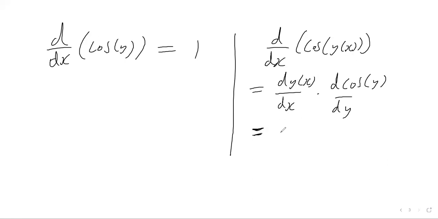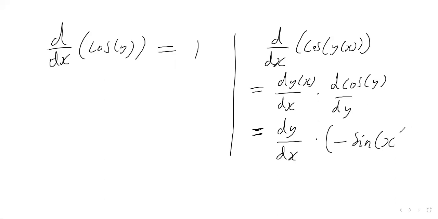Using that chain rule formula, we get dy by dx, because we can't really simplify that first term in the multiplication. When we differentiate cos of y with respect to y, that's just minus sine of y, as we know from a previous video.